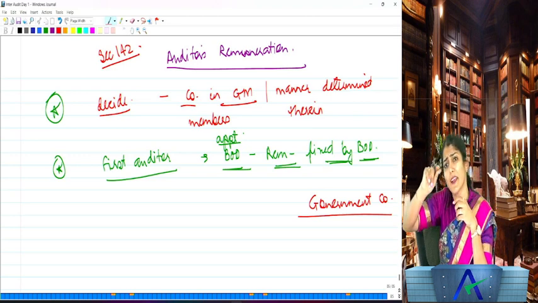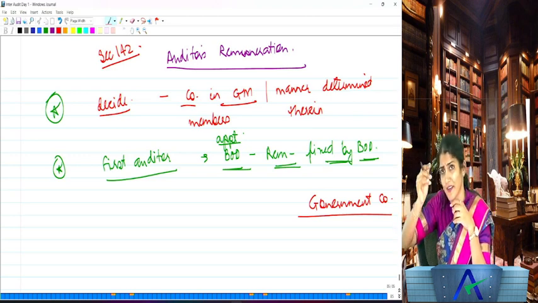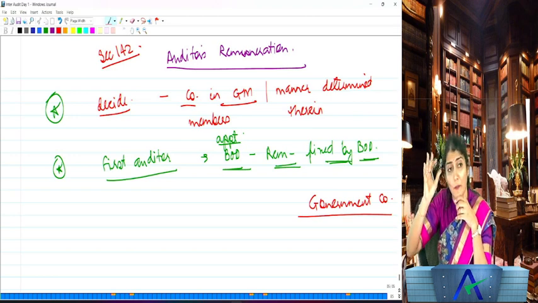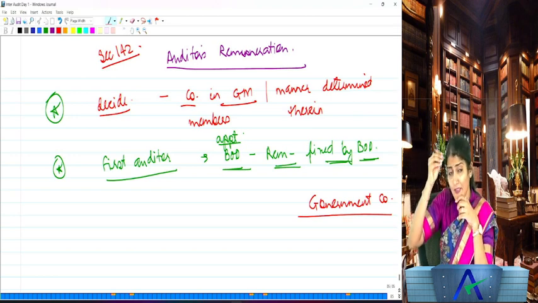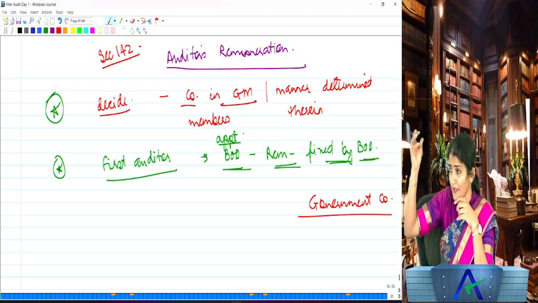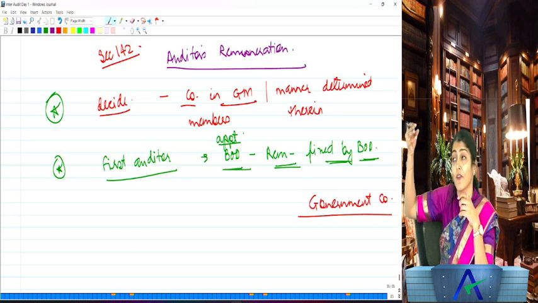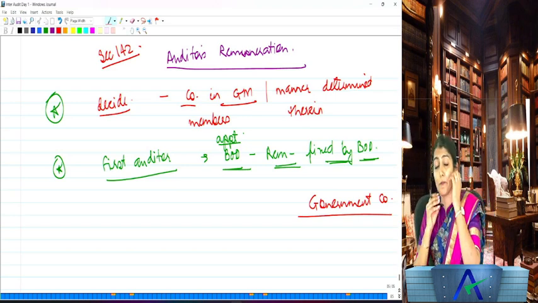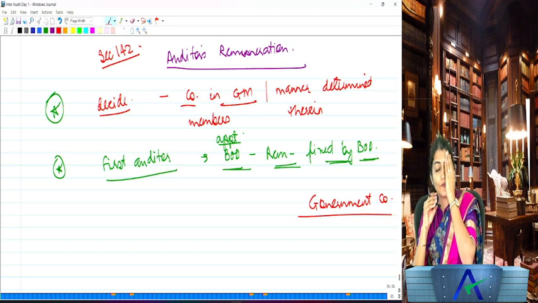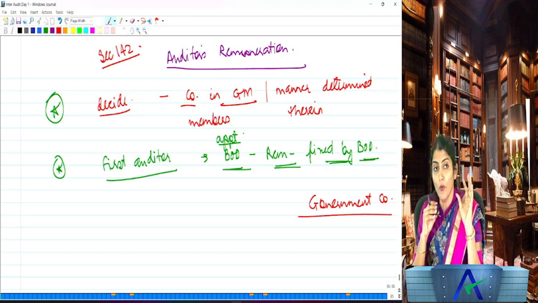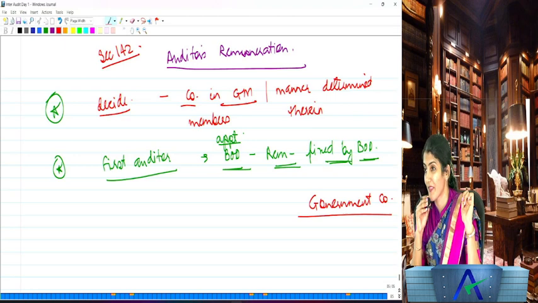Why are you mentioning the first auditor? For the subsequent auditor, other than a government company, the members of the company appoint. My question to you is, who decides the remuneration of the auditor in case of the auditor of a government company?